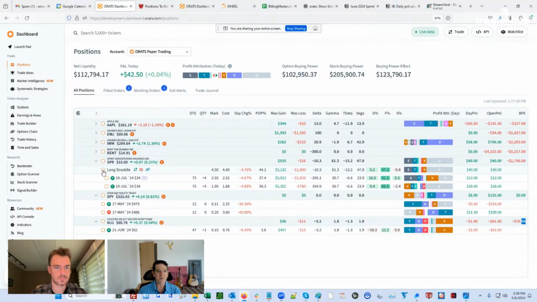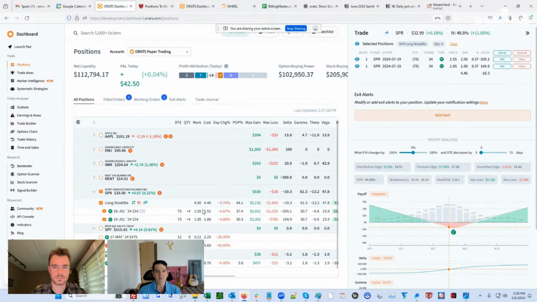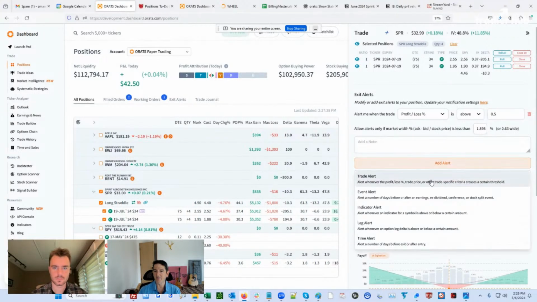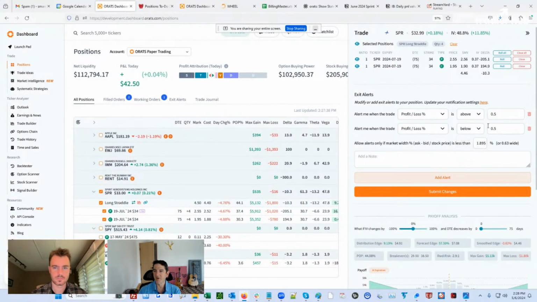So what I like to do as well is get an alert if the profit's up or down. So I'll add two profits, up and below. If it goes up 50% or down 50%, I'll note that it's a paper trade, and then I'll just say exit if this happens.